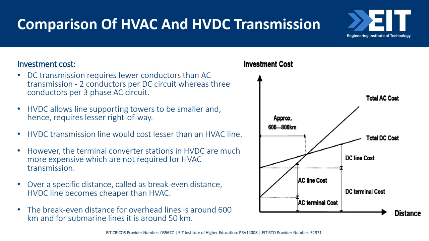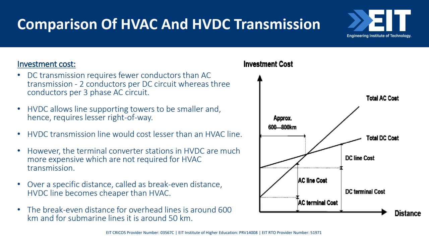So basically, we need a converter station at the generation point and also at the distribution point. So that can be expensive, converter stations. So we need to keep that in mind. So there is a break-even point.